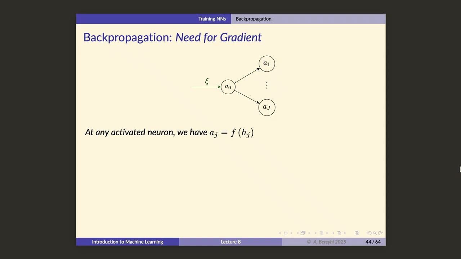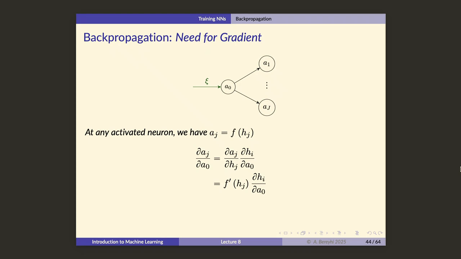Once I do that, if I want to compute the partial derivative of Aj with respect to A0, for instance, I need to first compute the partial derivative of Aj with respect to its own linear value, and then from its own linear value I get back to A0.